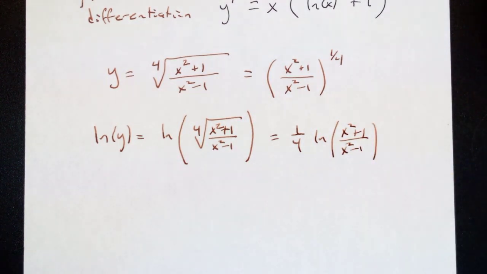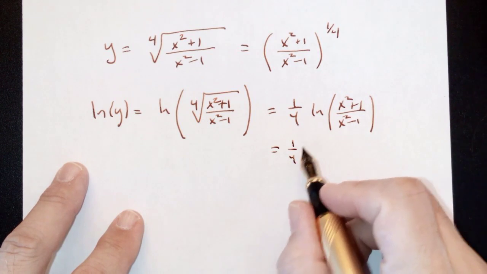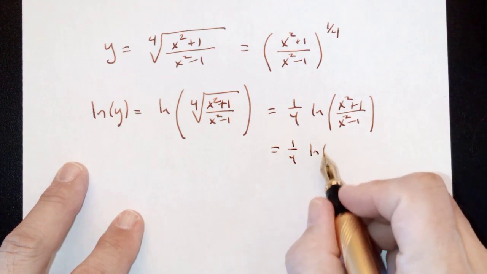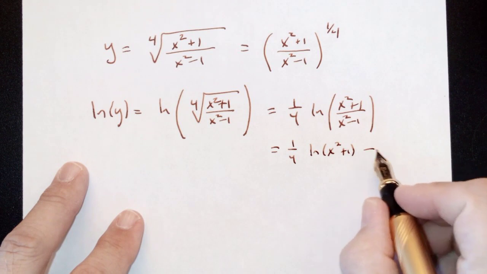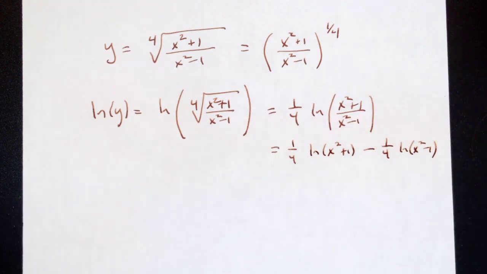I've got the logarithm of something being divided. Division becomes subtraction. But the 1/4 is on the whole thing, right? It's a quarter of the subtraction of the whole thing. Well, doing the derivative here is a lot easier because the chain rules are a lot simpler.